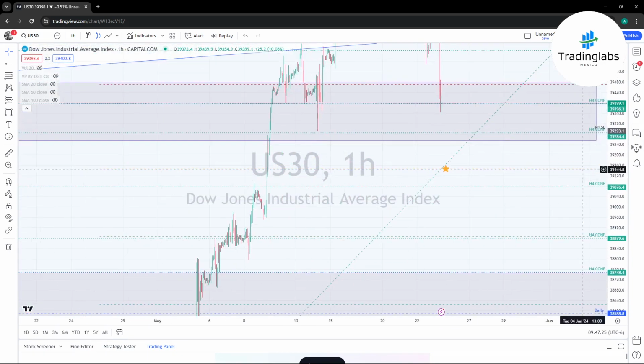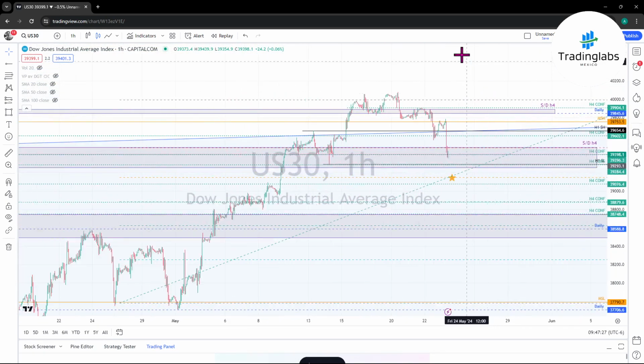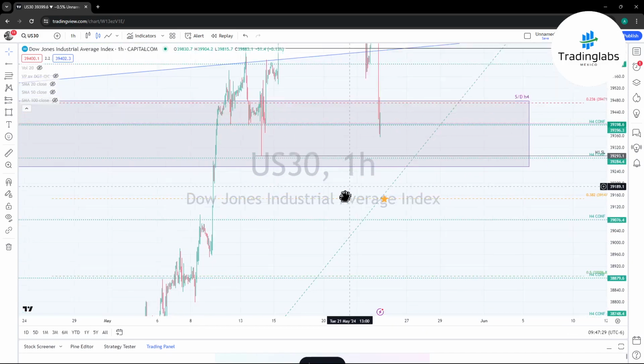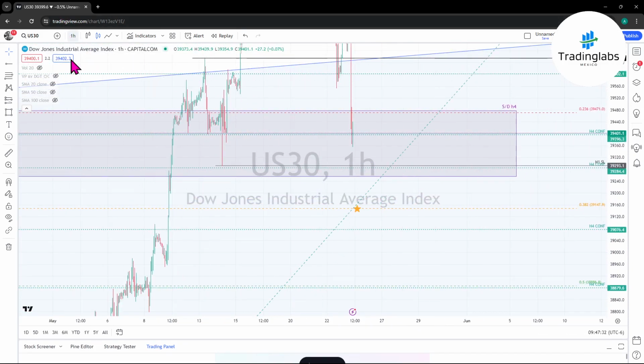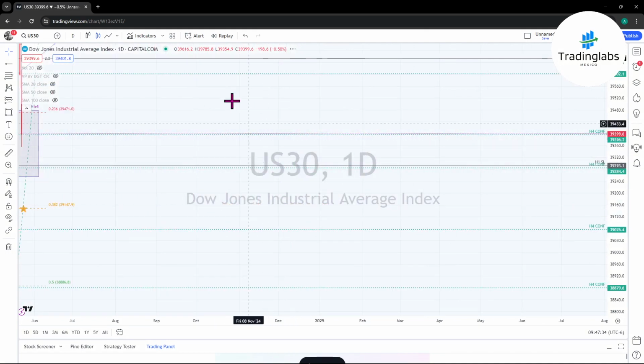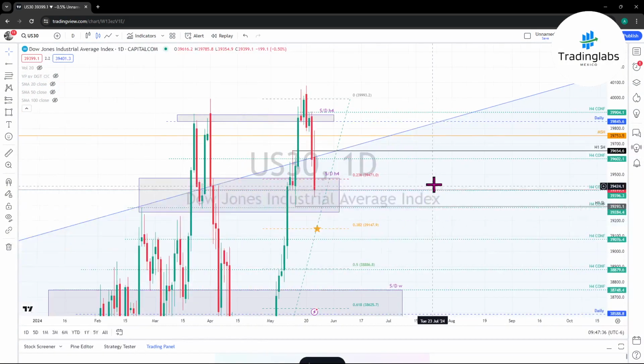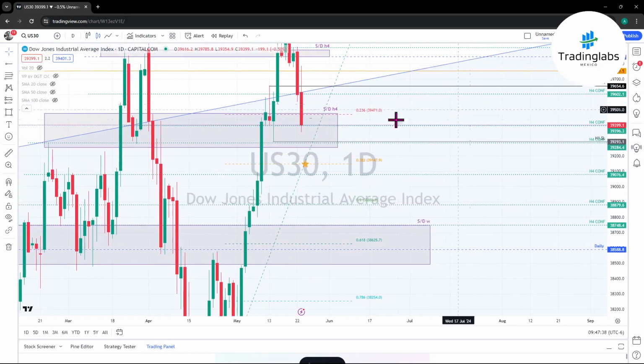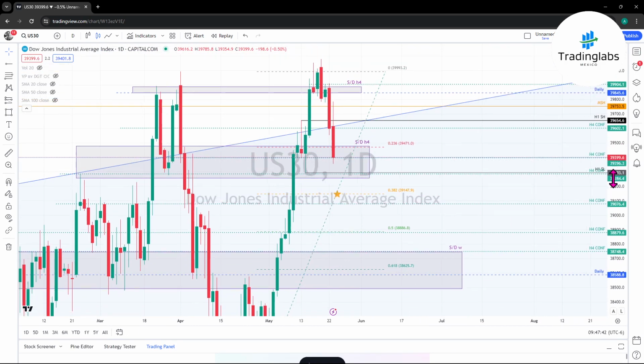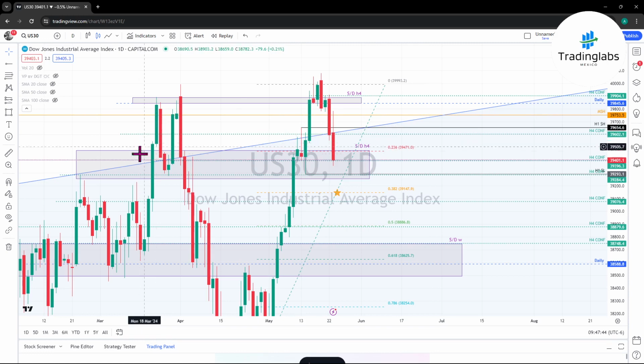All right. We know that we are in H4. Well, let's go to the daily. In the daily candle, we know that we are in the demand zone. But we are below the master trend line of the channel.